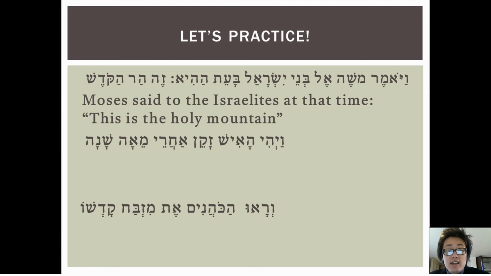Moses said to the Israelites at that time, this is the holy mountain. So again, all that vav does is imagine what it would normally be in the imperfect and then flip it with respect to its aspect or its tense. Moshe said as opposed to will say, and so the reversing vav flips that.